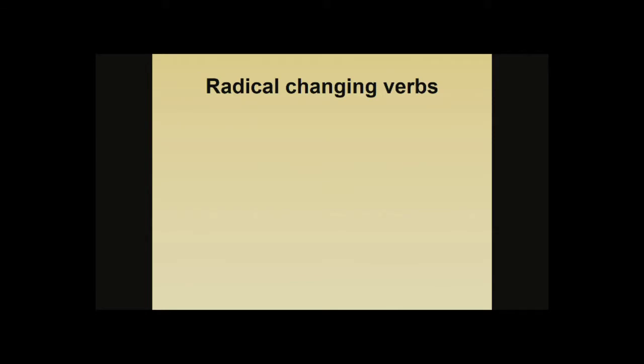So really radical changing verbs means root, or if you like, stem changing verbs. Stem and root have a similar meaning. So radical here refers to the root. So you get a vowel change in the root or the stem.